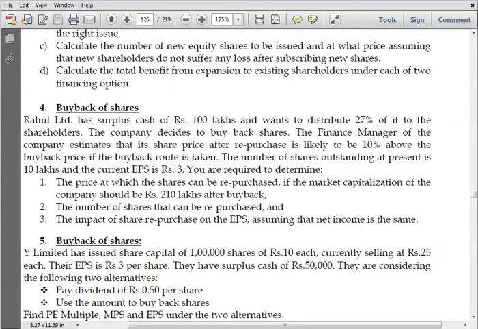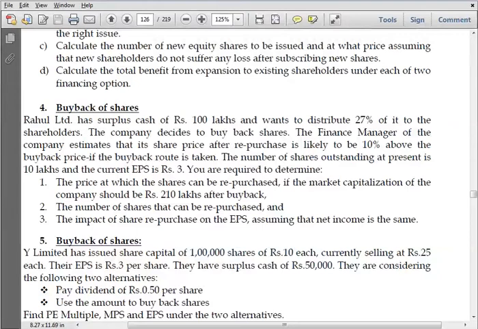Hence the buyback quantum would be 100 lakhs into 27%, which is 27 lakhs. Like you have a new issue size, your buyback size is 27 lakhs.